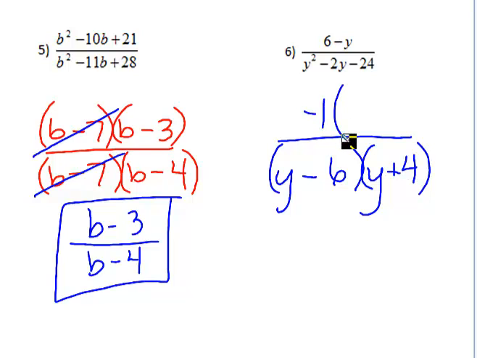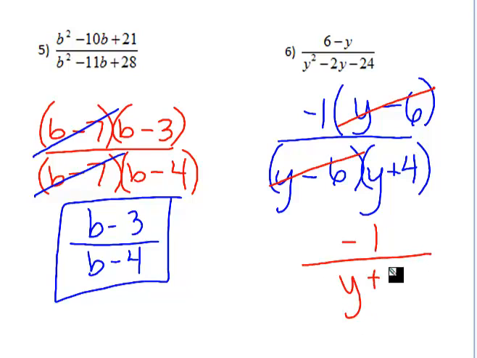If I take a negative 1 out of this, that makes my 6 negative, and that makes my minus y positive. So 6 minus y is the same thing as negative 1 times y minus 6. Okay, now do I have anything that will cancel? The y minus 6 as well, and I'll be left with a negative 1 over the y plus 4.